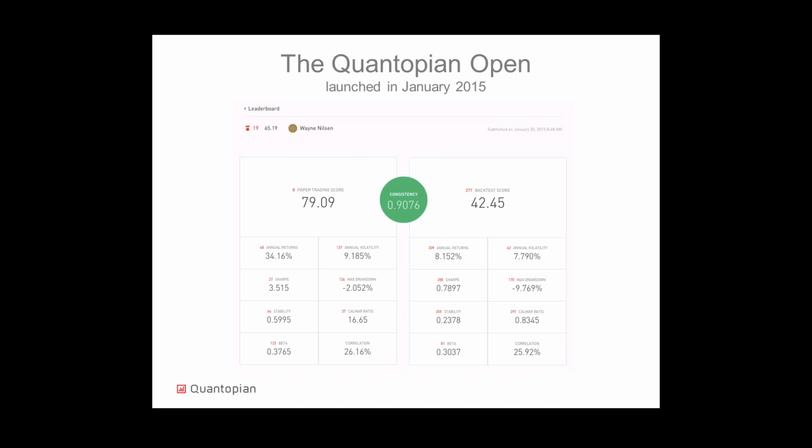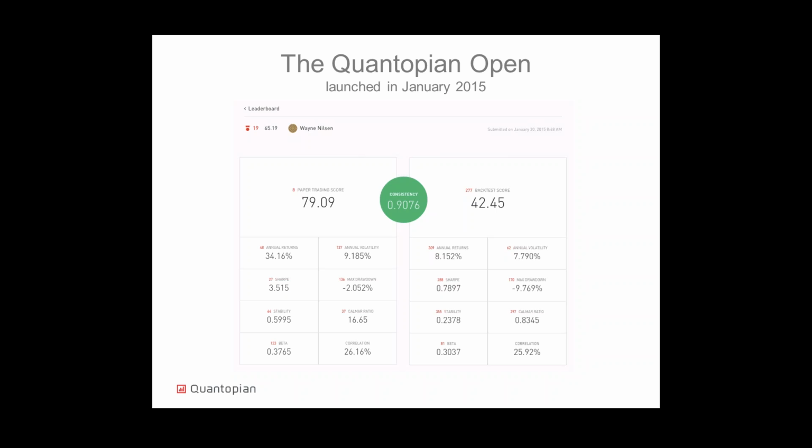Drilling into an individual page, you can look at the metrics that we use to rank all the algorithms in the contest. Currently, we look across 7 measures that we use to rank, and then we display an additional 8th measure. We're ranking based on annual returns, annual volatility, Sharpe ratio, drawdown, a stability metric, the Calmar ratio, and the beta, which is basically the correlation with the market.